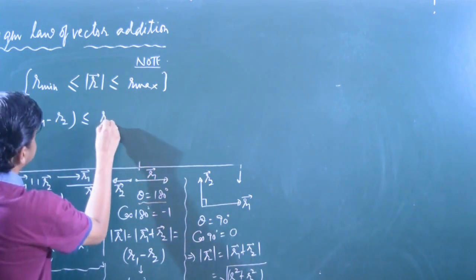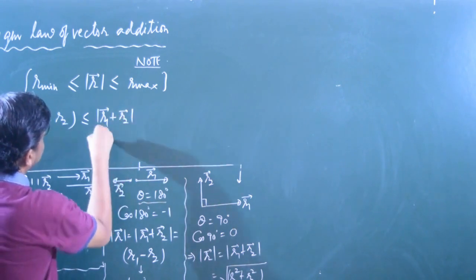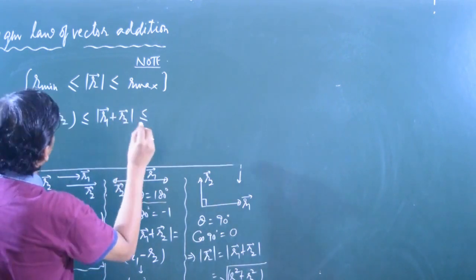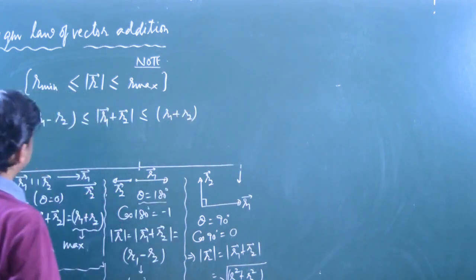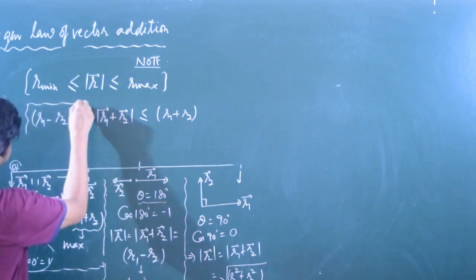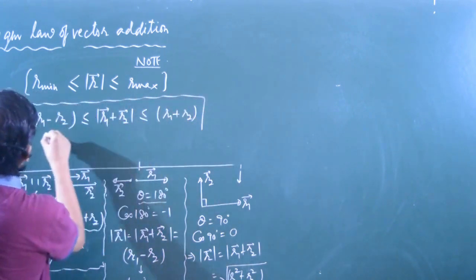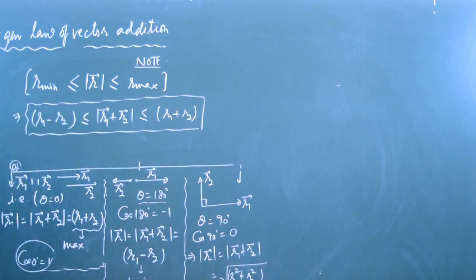The mod of R1 plus R2 is less than or equal to R maximum. We have R1 plus R2. Okay, so this result we have to remember. We have already derived this here, right?